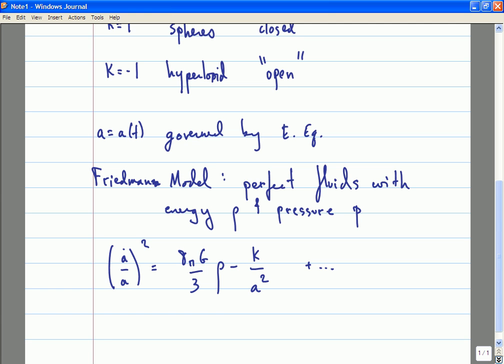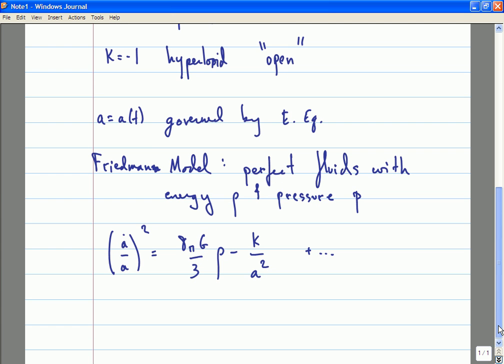And the energy density rho and pressure P are also functions of time, which by the conservation of the stress tensor will obey a first-order differential equation that I have written down here. And these two equations you will derive, or you have derived, for the first problem on the problem set, which is due tomorrow.